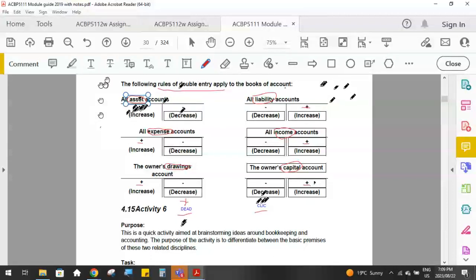I'll record on the right-hand side the amount that I paid for the computers. Then my accounts are in balance because I've debited computers with 2,000 Rand and I've credited liabilities with 2,000 Rand. So my debits equal my credits. My accounting equation is in balance, and I have recorded the source and application of my funds correctly.